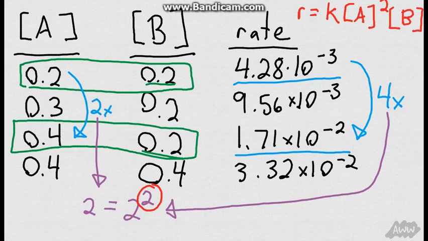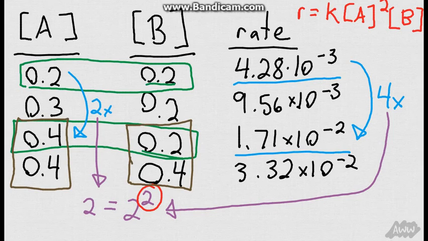Okay, now let's go ahead and figure out what is the power of B. So to do that, we're going to do a similar thing, but now we have to hold the concentration of A constant. So I'm going to use these two and these two.